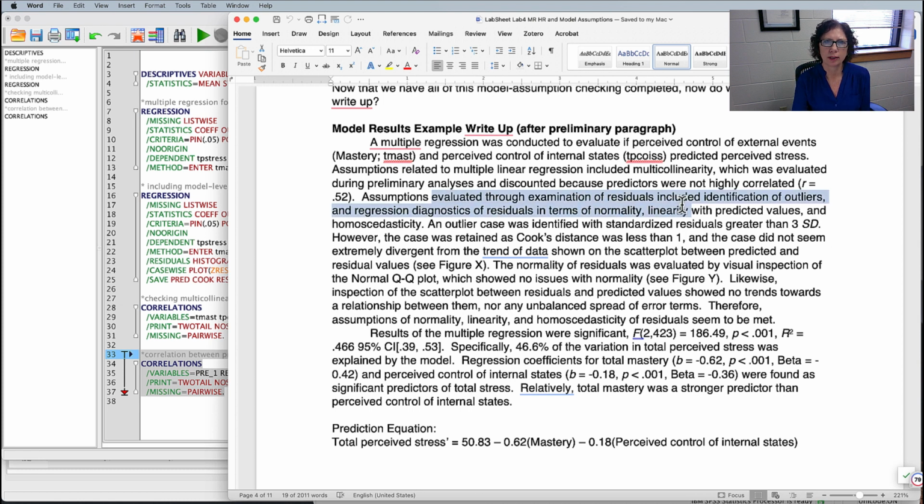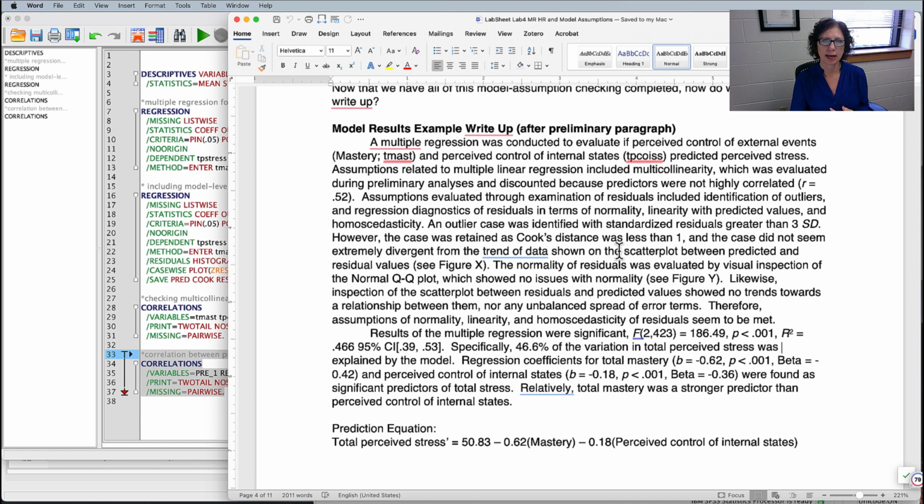Assumptions evaluated through examination of residuals included looking for outliers and the regression diagnostics of residuals, and in terms of normality, linearity, and homoscedasticity. We did find an outlier case, but Cook's distance was less than 1, so the case didn't seem to have an extremely divergent influence on the trend of data.